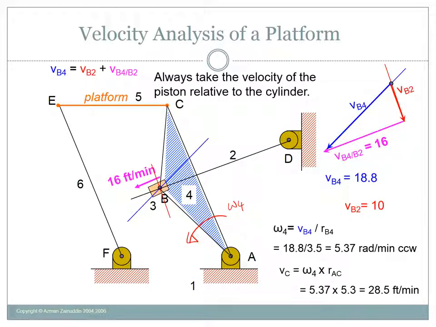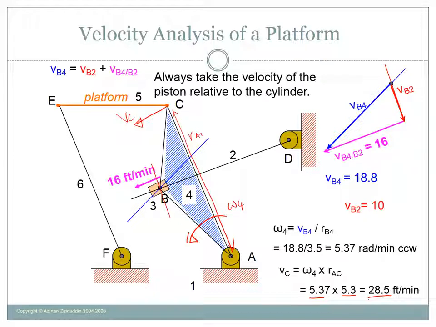Next, VC equals omega 4 times RAC. RAC is the radius between A and C. So VC equals 5.37 times 5.3, the length of AC.